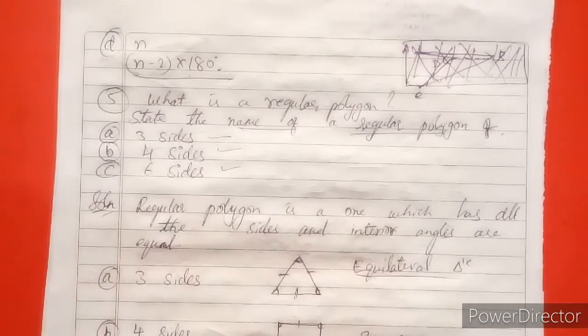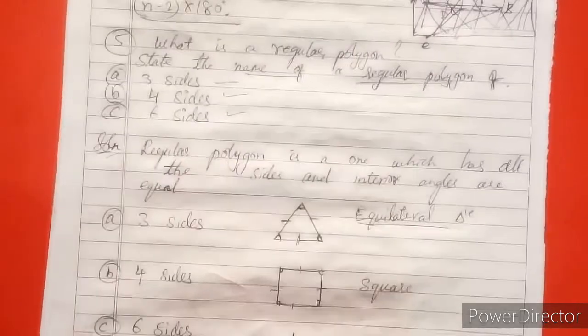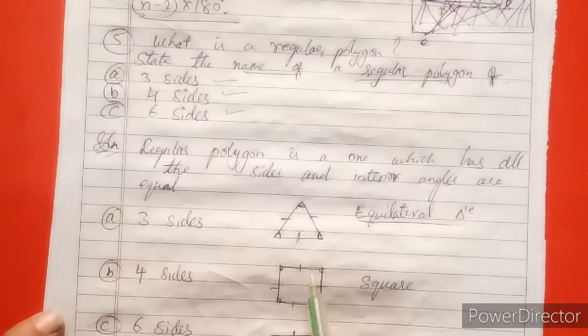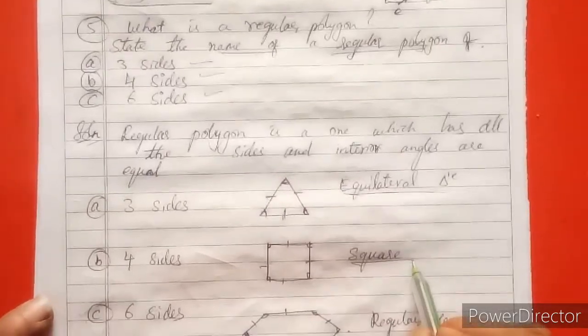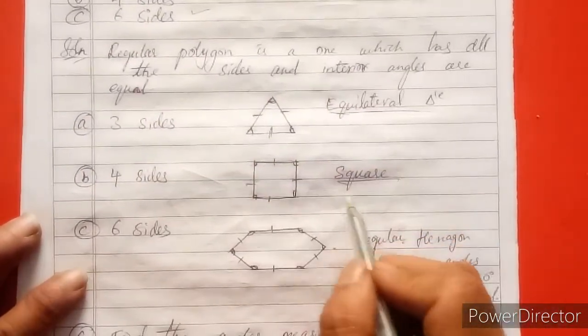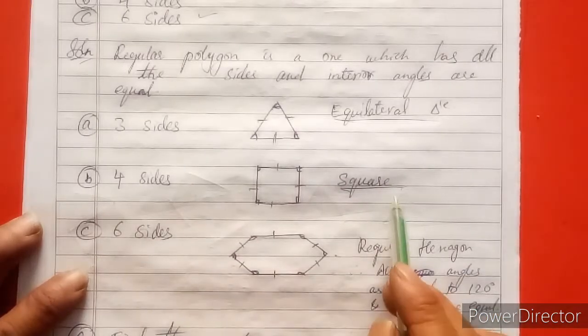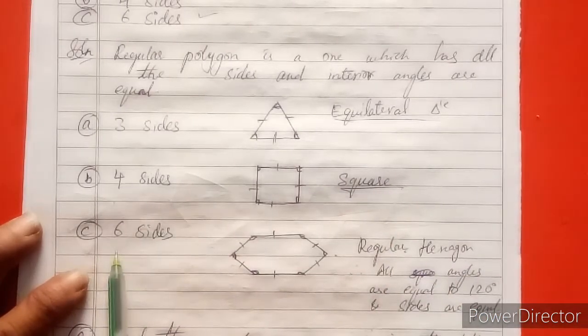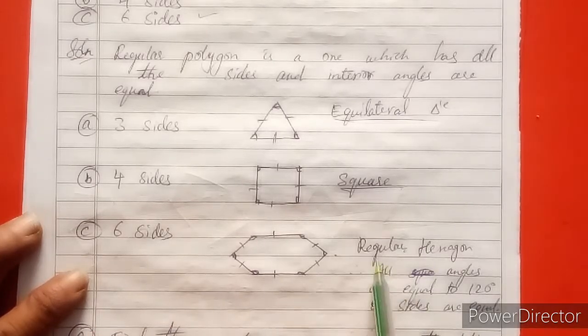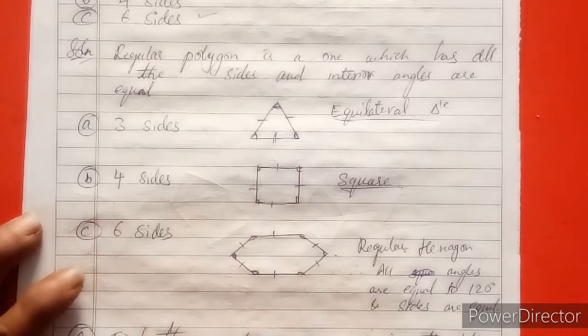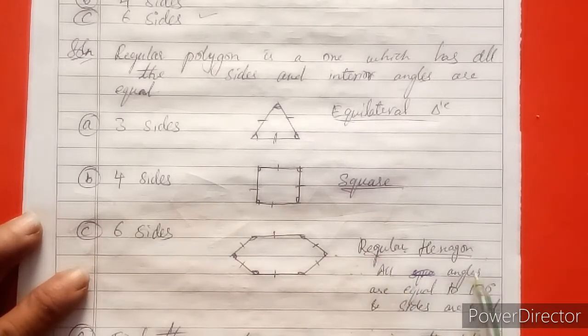Equi means all the angles or sides are equal. The second one, a 4-sided figure, we have to take a square, you know that square, all the sides are equal in length, so we give the name square, four sides are equal. Next, the C1 with 6 sides. In a regular hexagon, hexagon means a 6-sided figure, all angles are equal to 120 degree. It will come.